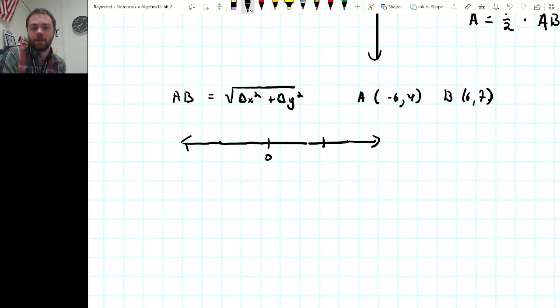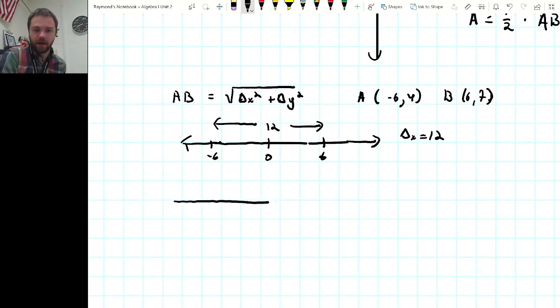The distance from -6 to +6 is 12, so that means delta x is equal to 12. I'll just plug that into the formula. Only thing left to find is delta y, which is the distance from 4 to 7. So the distance from 4 to 7 is going to be 3.